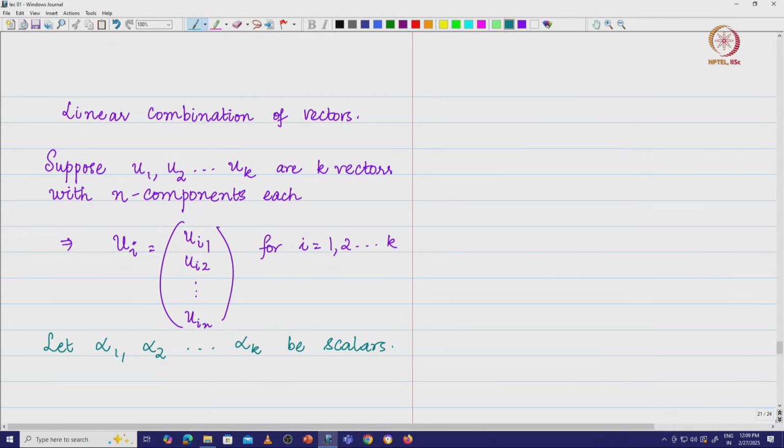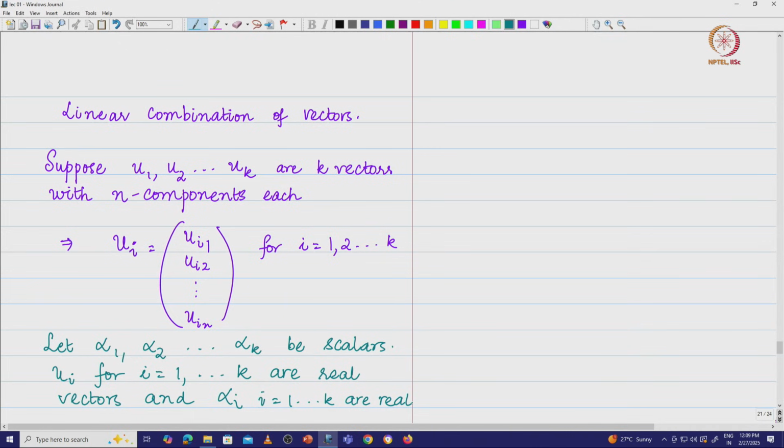Therefore alpha 1, alpha 2, alpha k are scalars. So ui for i equal to 1 to k are real vectors, that means the components are all real numbers, and alpha i for i equal to 1 to k are real scalars.